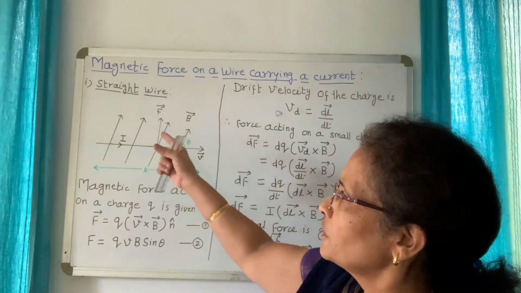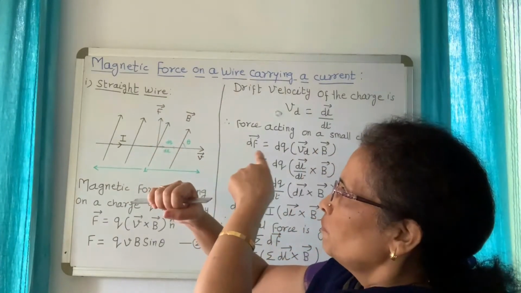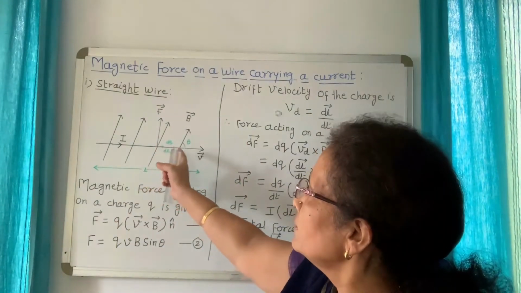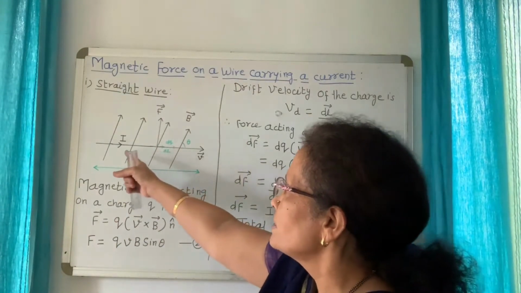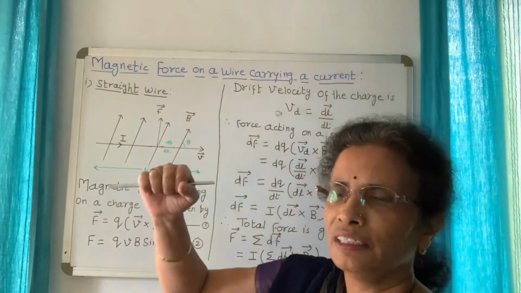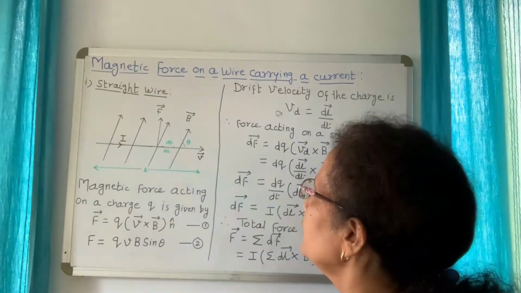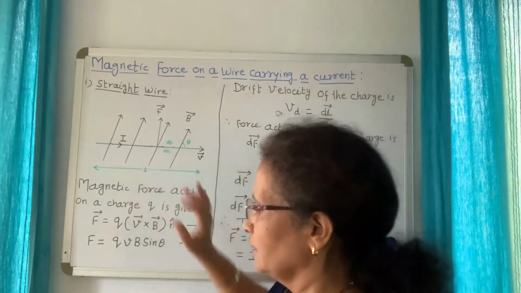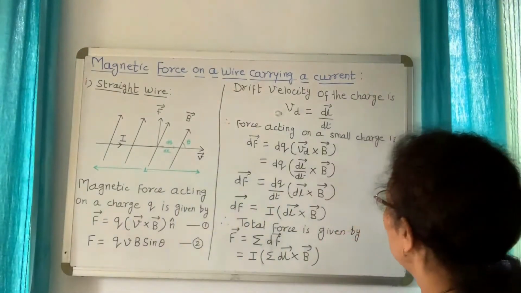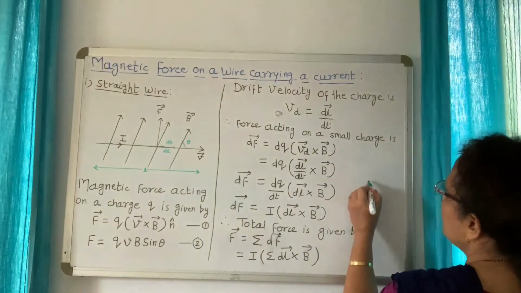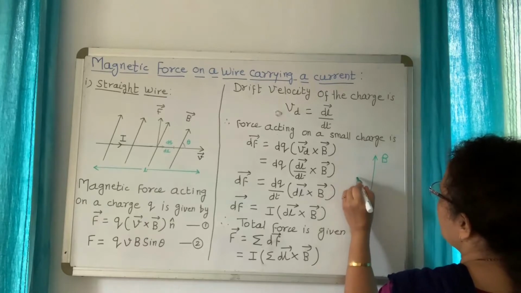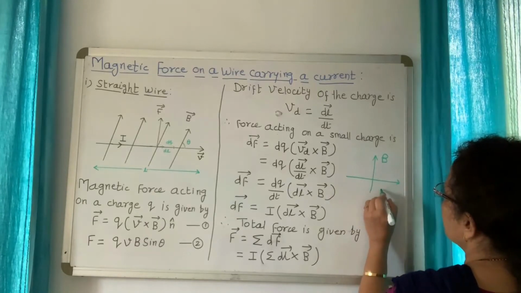This is a three-dimensional diagram. I cannot draw properly on the two-dimensional blackboard. So just for the understanding purpose, if this is the direction of the current, then this is the direction of the magnetic field, which is inside. B is the magnetic field and I is the direction of the current.